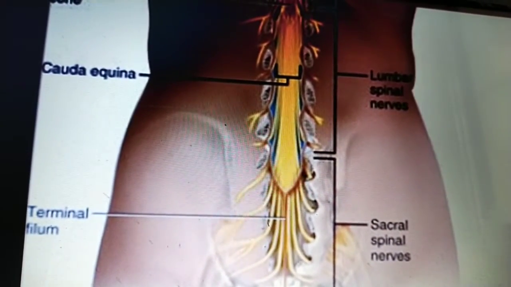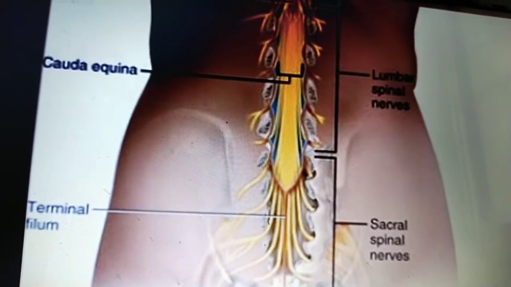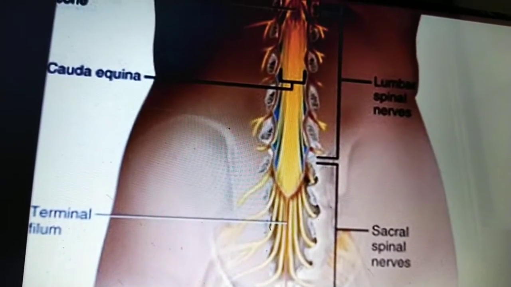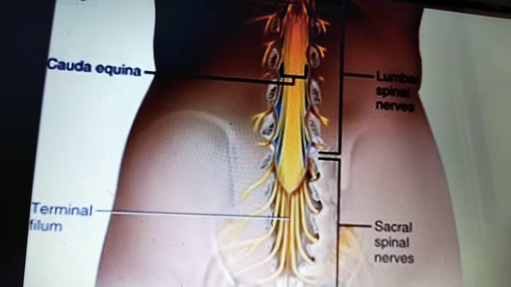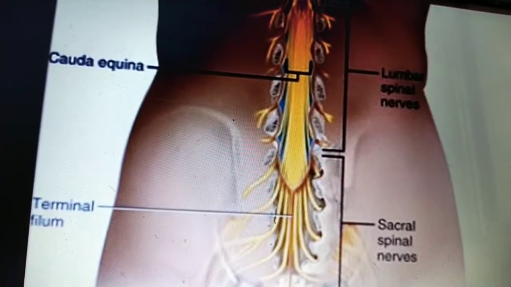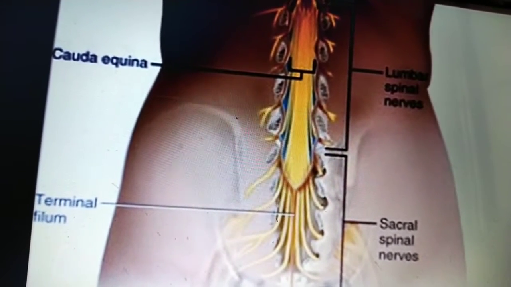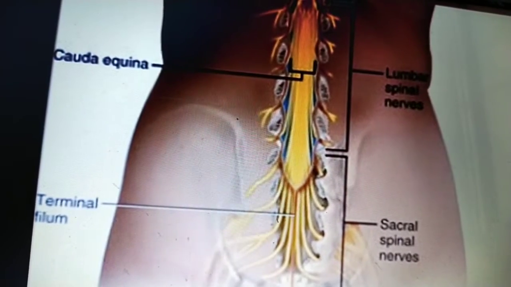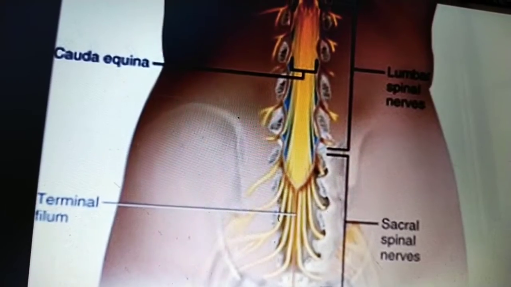It starts at the L2 level, and the cauda equina is the continuation of these nerve roots in the lumbar region. These nerves send and receive messages to and from the lower limb and pelvic nerve plexus.